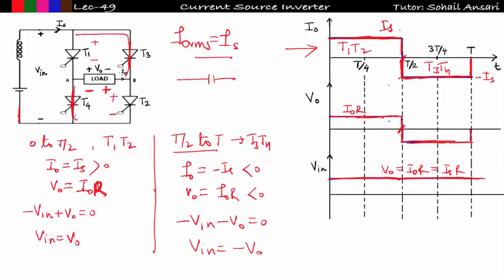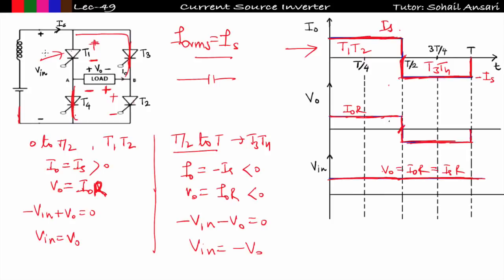So see, when T3, T4 is triggered, then at T1, T2 the polarity of voltage across it is from plus to minus, that is it is in forward conducting mode because I have triggered the thyristor prior to T by 2. So therefore it is really necessary to turn off this T1 and T2 before turning on T3 and T4.